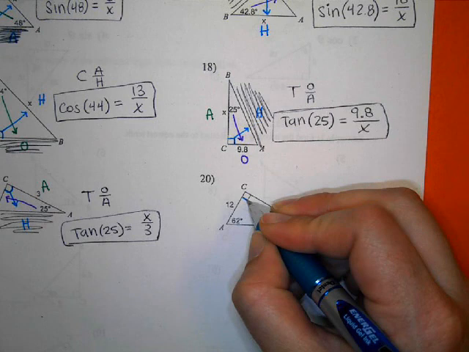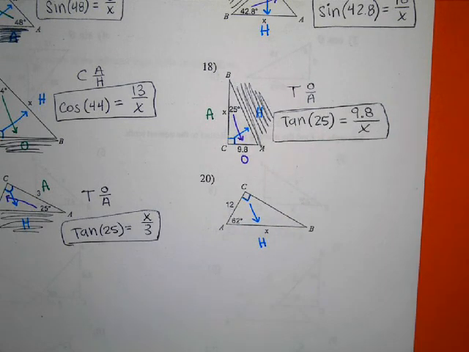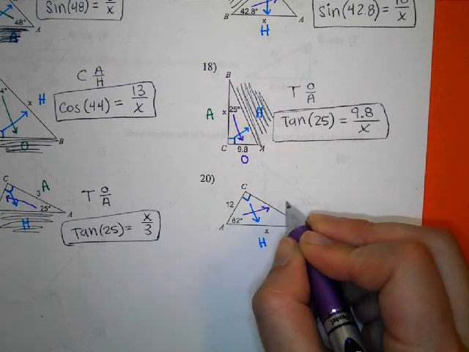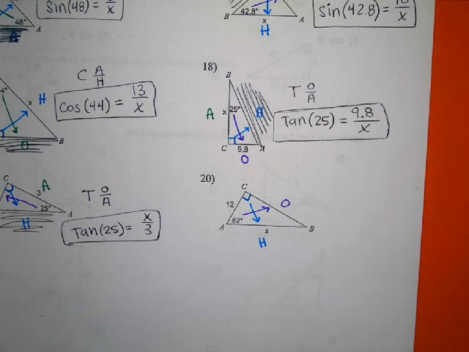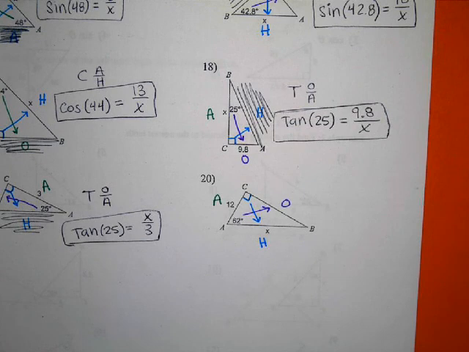Where is the H? The X. All right, where's the O? The blank side. And the A is 12. What do I scribble out? They pair up.